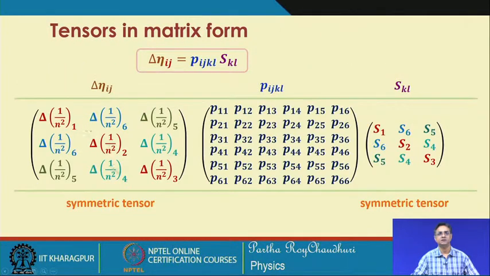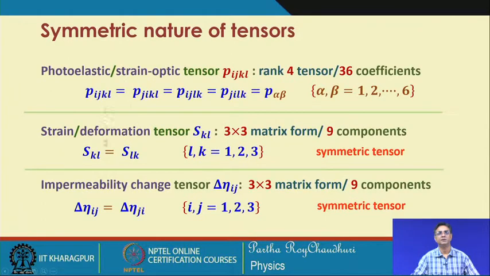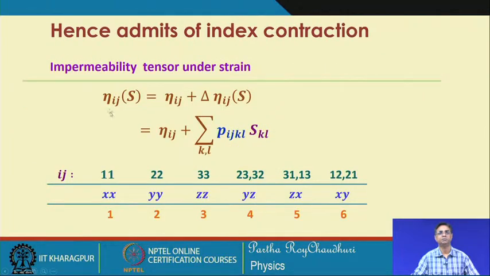So, this is very interesting: if I contract these indices, then we can represent this kl, lk, putting 1, 2, 3 for both of them as a symmetric tensor, ij, ji, that is also 1, 2, 3, a symmetric tensor. So, we can compress the indices to represent this.